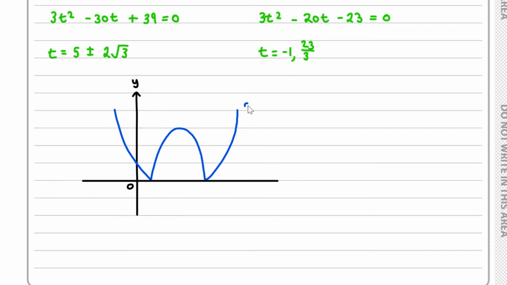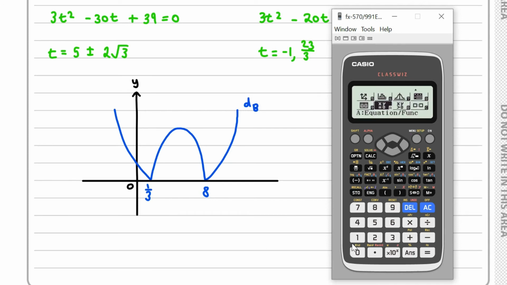Here you can see what dB is, and we mentioned it crosses at 1/3 and 8, and it's got a maximum over here somewhere, but we're not really interested in that. And if we sketch the mod of 5t minus 31, well, first of all, 31 divided by 5, that is 6.2.